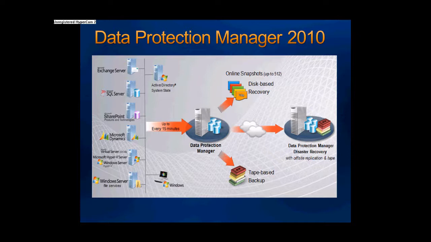Besides that, you can also recover the data by using the DPM on the secondary site. The same goes for when the DPM on the secondary site is down: you can use the primary site to do backups and also recover all your data located on your secondary site.